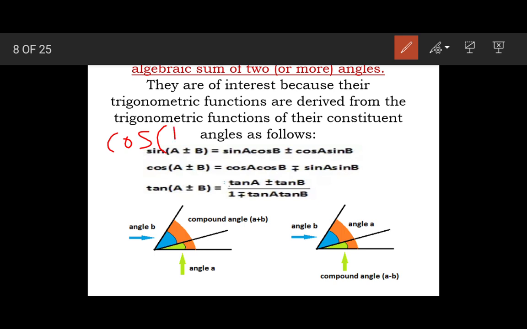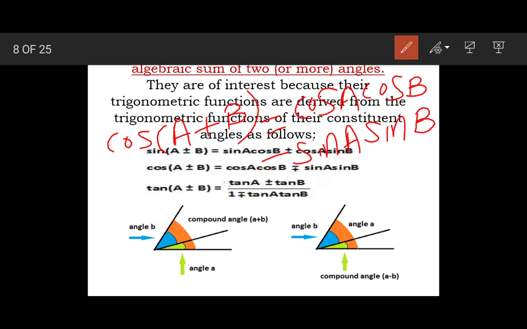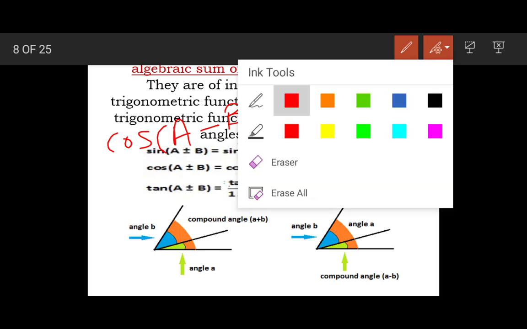Cos A plus B: cos A cos B, and since it is plus, the sign will be minus, sin A sin B. If it is cos A minus B, then the formula will be cos A cos B plus sin A sin B. So the formula for cos is clear.